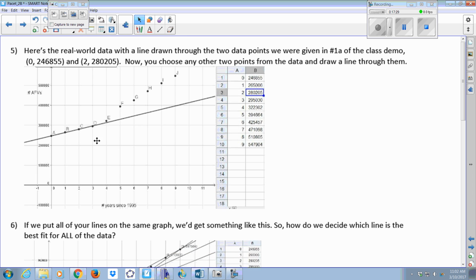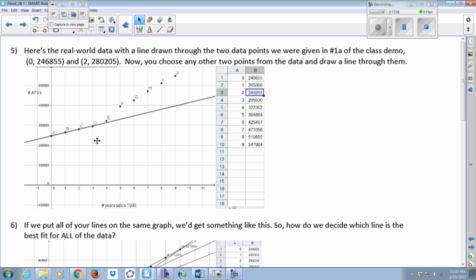So here's our real world data with a line drawn through it based on the very first line we got from the points 1995 and 1997. Look what happened. If this is a line with the slope of 16,675 going through that point, notice it would be a really good predictor for the first 1, 2, 3, 4 years.